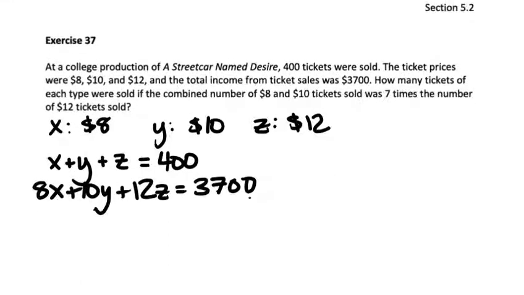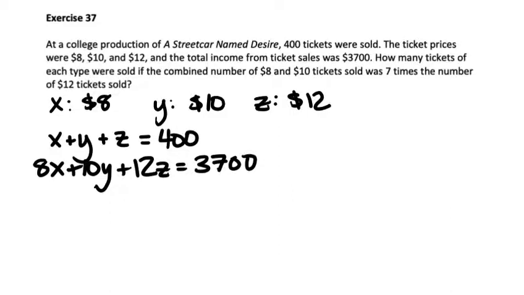Now I need to write a third equation, and that comes from this information right here. The combined number of $8 and $10 tickets sold was 7 times the number of $12 tickets sold. So I need to turn that into an equation.